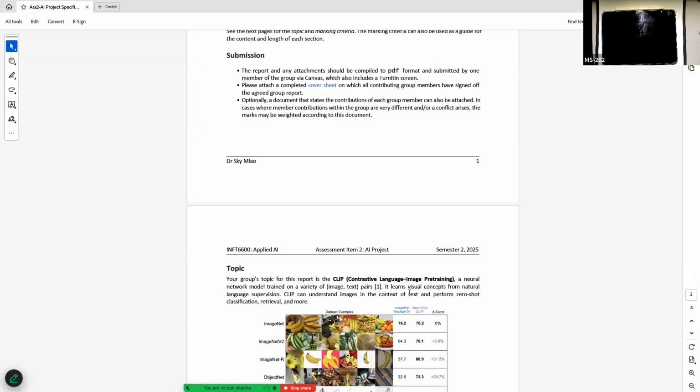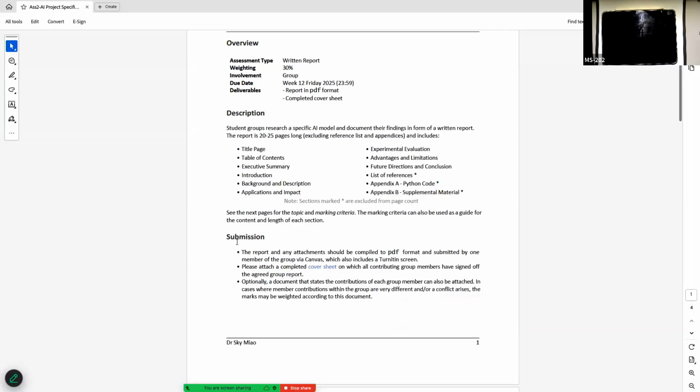It learns visual concepts from natural language supervision. The motivations included in the introduction part will be, for example, why you choose these models to solve your problems, okay? And also give some background about the industries you selected. It's mainly about the industry's problems, and why you think these models can benefit these problems, okay?